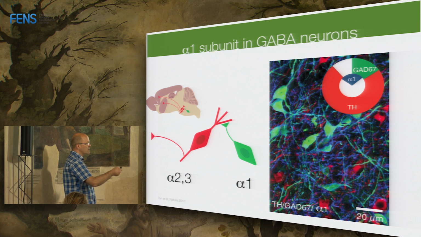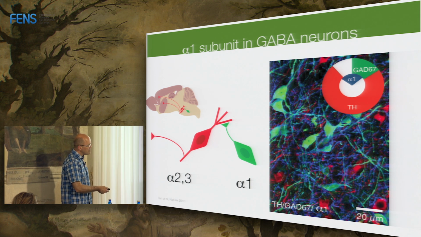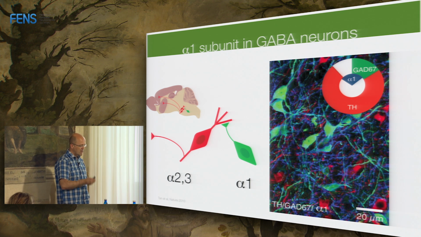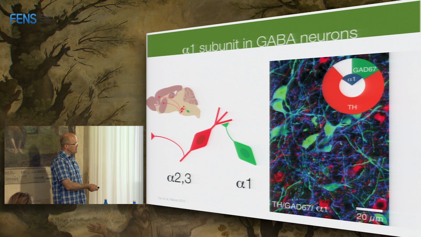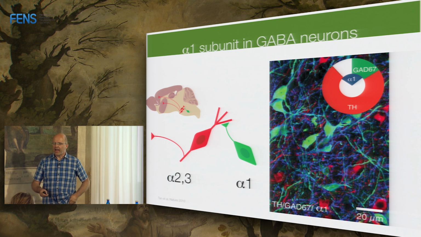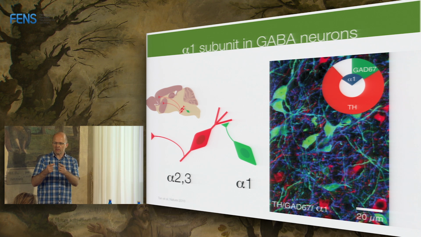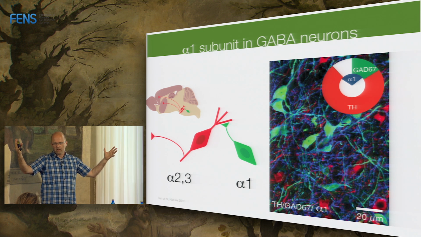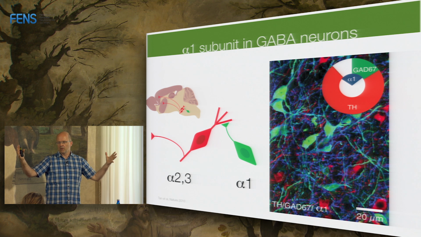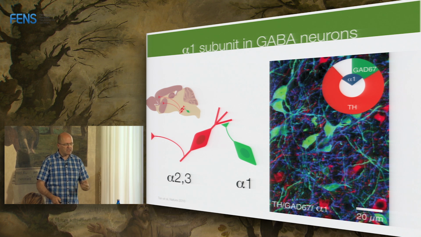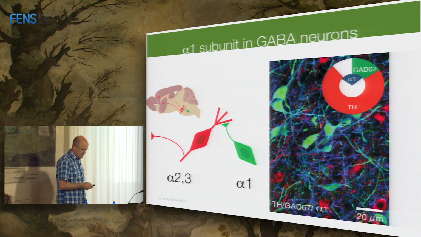And we did other immunohistochemistry to show that the major subunits of the GABA receptors are the alpha-2, 3 in these dopamine neurons. And then we were able to show that the unitary conductance, so the size of the minimal current, is actually larger here than here, and that difference would be amplified by the benzodiazepine. So that was our working hypothesis.